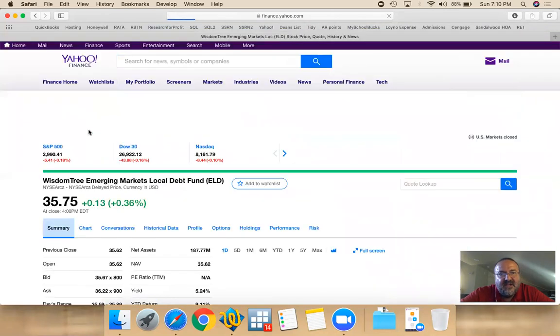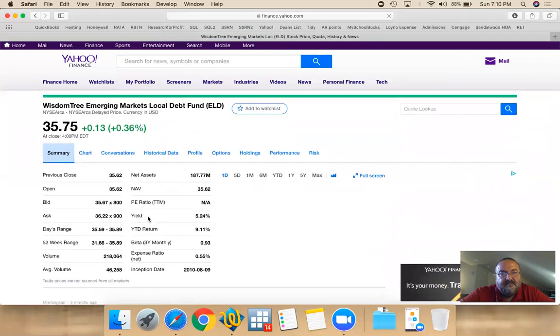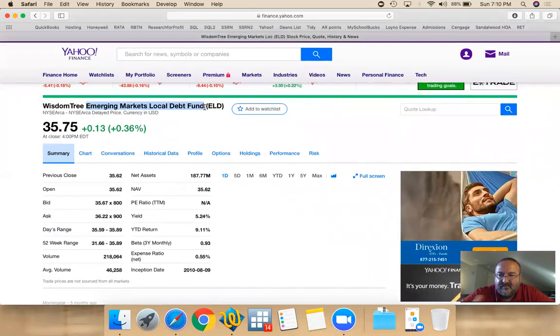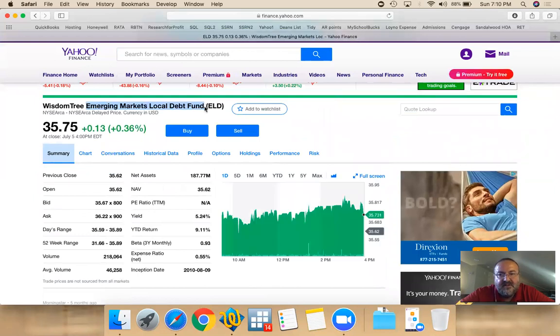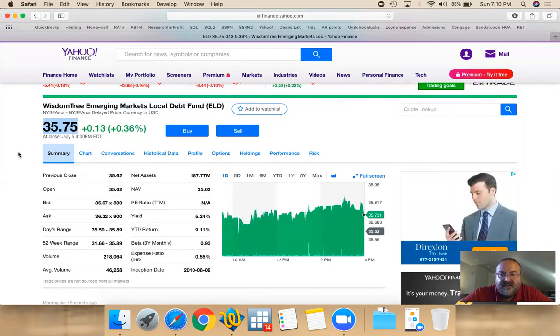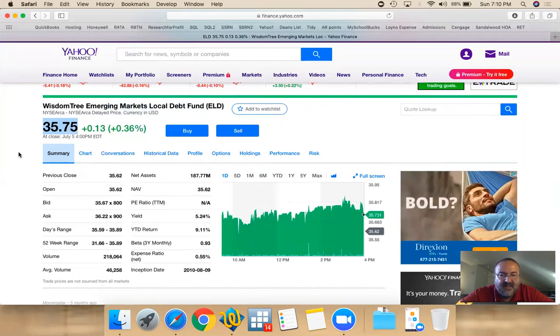And this actually has emerging market bonds. Again, we'll talk about this in later chapters, but simply think of it like you buy a share of this. If you buy a share of this, $35.75 is all it takes to start investing in this specific fund. And again, just an example.